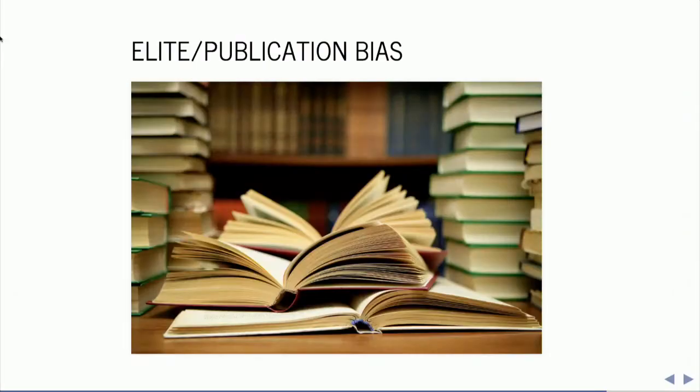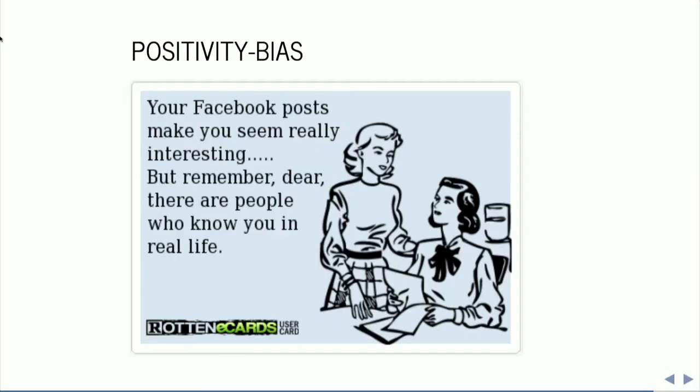Finally, there's some kind of lead or publication bias in a lot of digital trace data, right? History is written by the victors, or, people don't put everything out there about their lives on social media, right? And certainly there's positivity bias on something like Facebook. So here, your Facebook posts make you seem really interesting, but remember, dear, there are people who know you in real life.